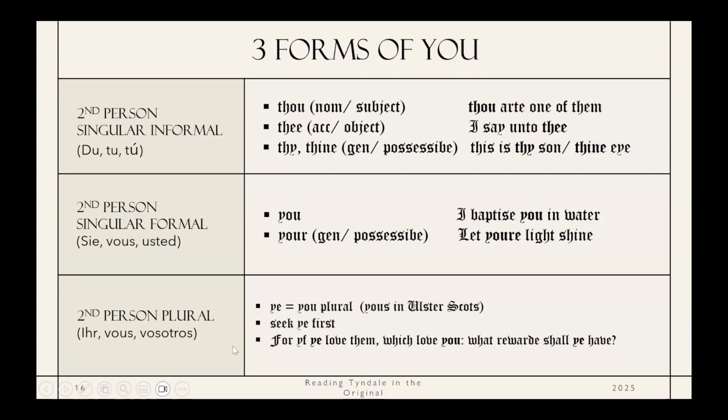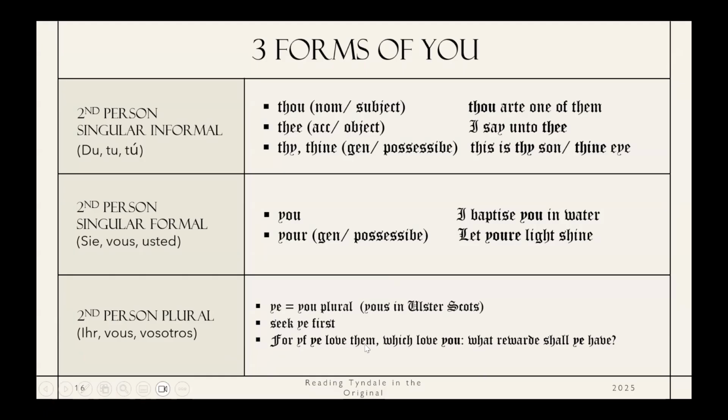But there's also a plural form, which is ye. And it's still sometimes people today still say ye a little bit, don't they? But we very well know the phrase, don't we? Seek ye first the kingdom of God. That's plural. And sometimes you'll get a phrase with you and ye in. So I found this one here.